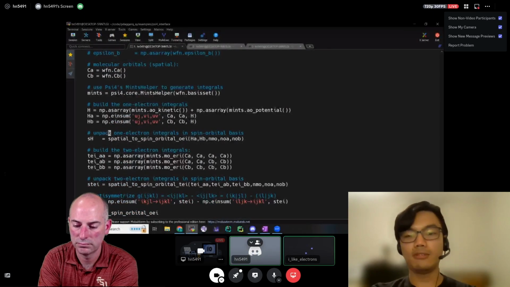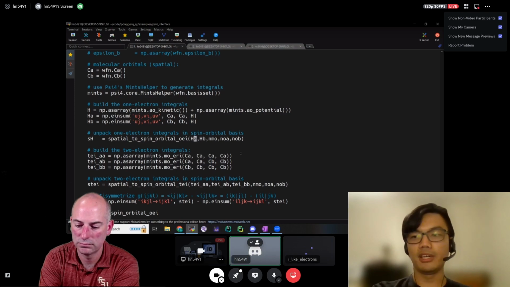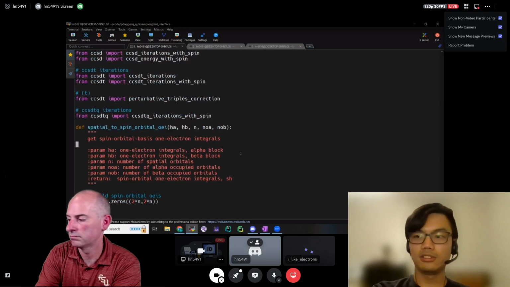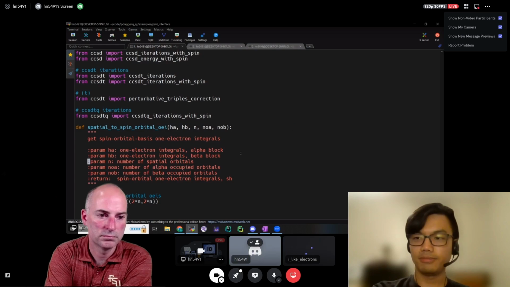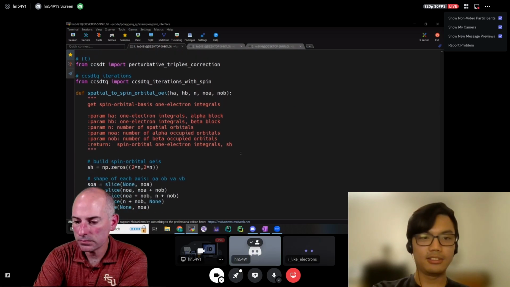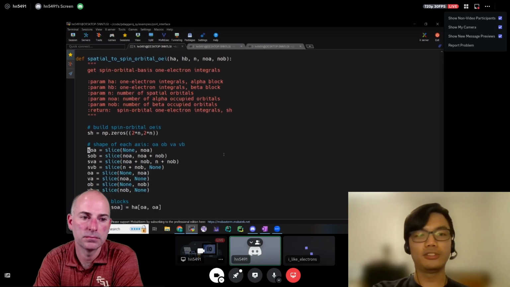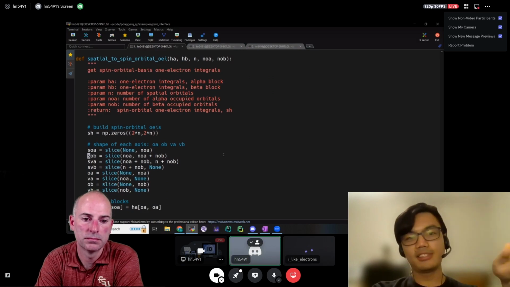Now, in our case, you can see that I'm putting in more information here. I'm putting in the alpha block, the beta block, the number of spatial orbitals, and then the number of occupied alpha and beta. And then if we go to where we are working on this, basically now I'm going to make slices.